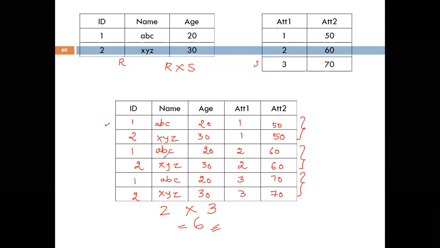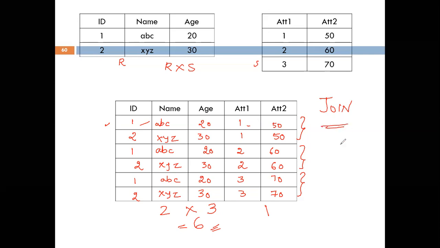When we get a result like this, many of the combinations will be meaningless. 1 with 1 you can understand, but 2 with 1 may be meaningless. To eliminate the meaningless joins, we go for another operation, which in relational algebra or SQL we call the join operation.